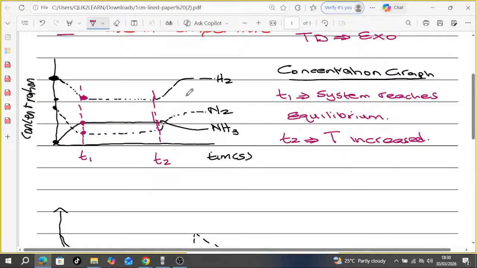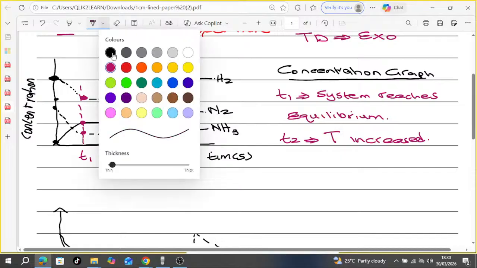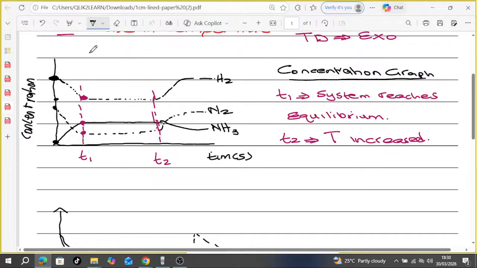Yes! That's nice. So you got it right. So now we conclude and say the system will favor, again we said that T is increased. The system will favor what? The reverse reaction.